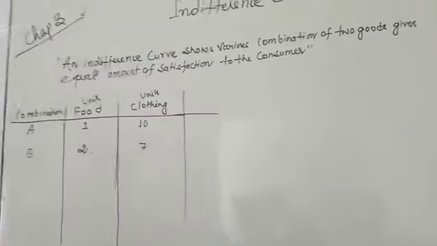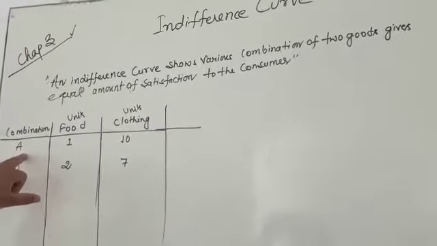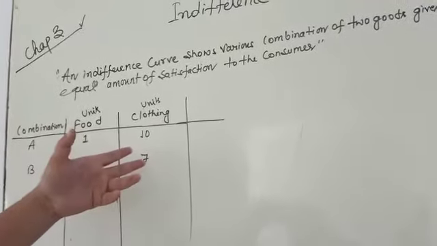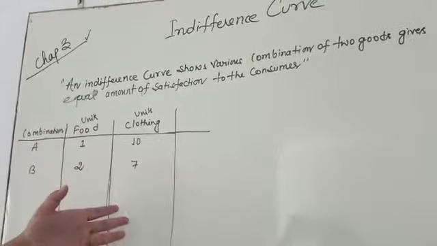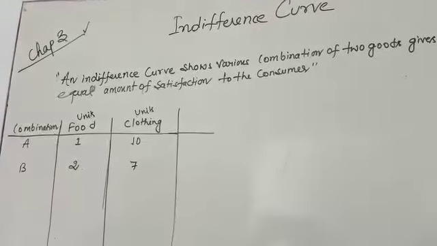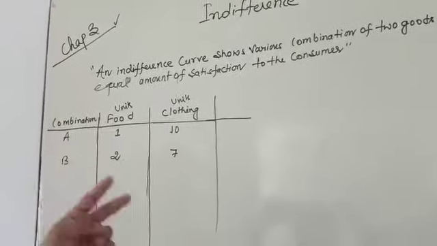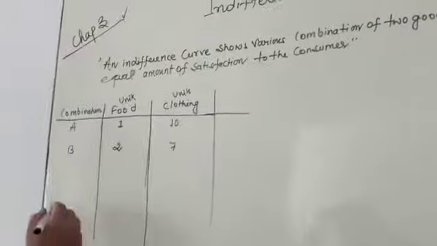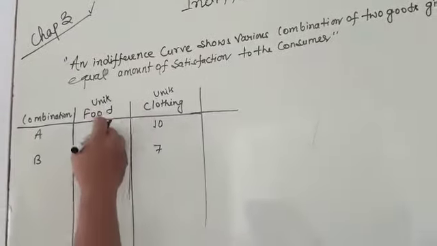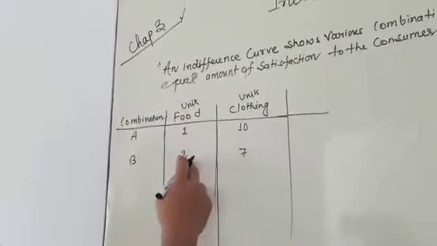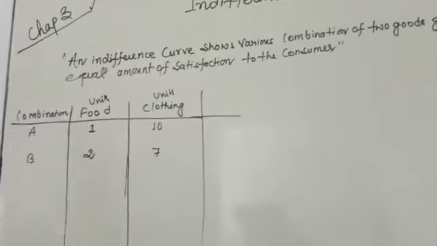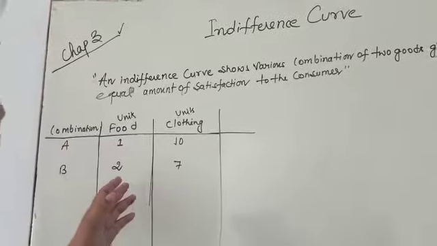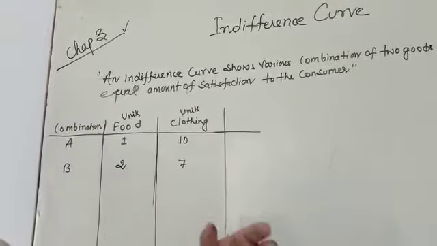What you observe, my dear student, is that the first combination has 1 unit of food and 10 units of clothes, but the second combination has 2 units of food and 7 units of clothes. So you can see there is a substitution. Substitution means some part of the income is substituted for food, because he sacrifices some part of the clothes.